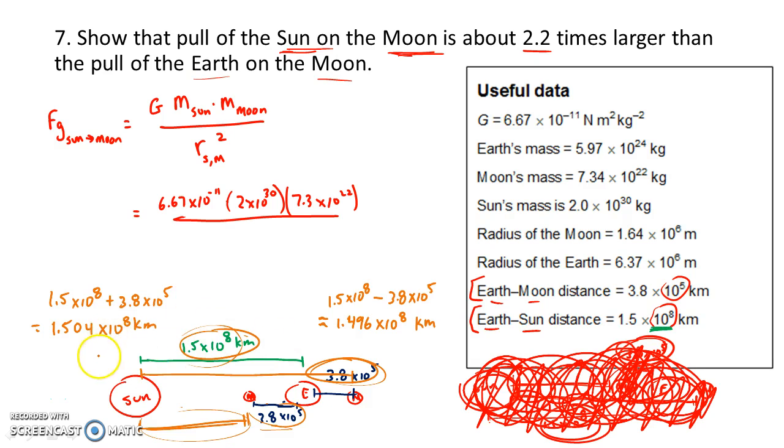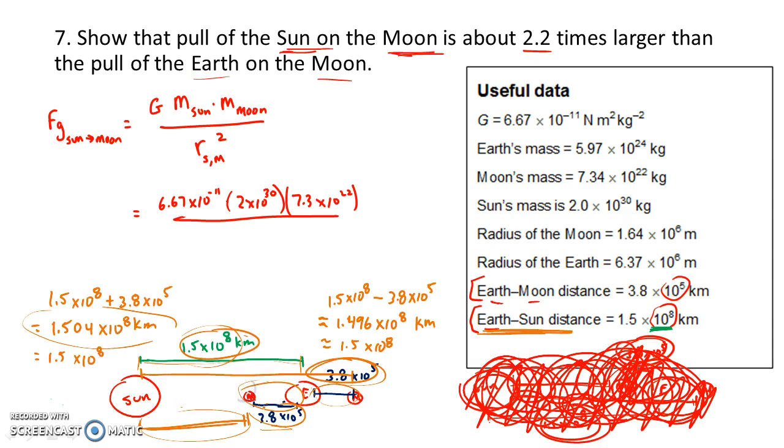So look at these two numbers. If we were to round, we could say this is about 1.5 times 10 to the power of 8, and this is about almost 1.5 times 10 to the power of 8. So what this is trying to say is, the distance from the Earth to the Sun, if you were to add, is like 99.9% of the distance.